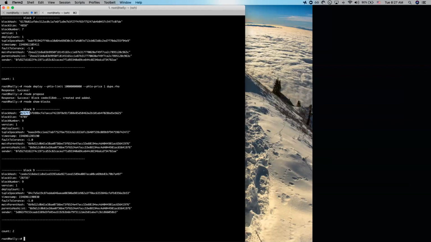What does fault tolerance for a block mean? It relates to the agreement of the validators on the correctness of the block, or is it the correctness? I'm not sure I'm using the right words. Ideally, you want fault tolerance to be above 0.